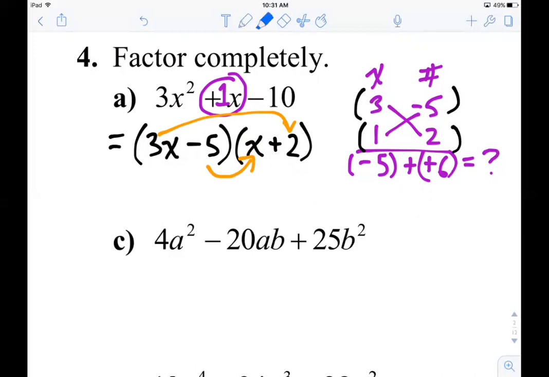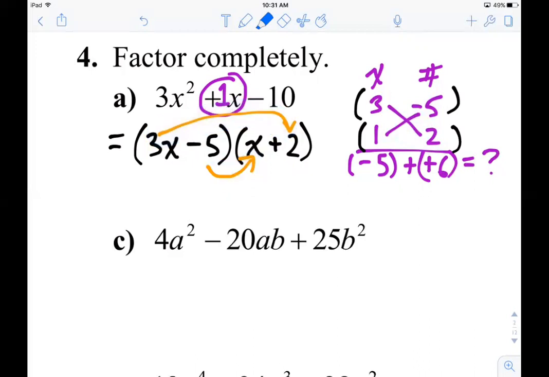Well, these 2 multiplications that I'm doing are actually the same 2 multiplications that I do when I do this little crisscross pattern. So what I'm doing with that crisscross is testing out different possible outside and inside multiplications and seeing which ones combine to give the correct middle term.